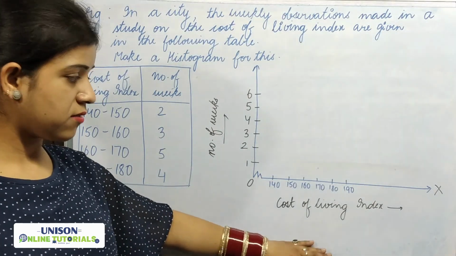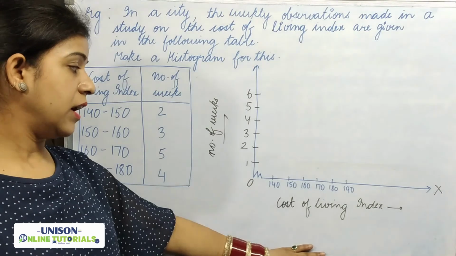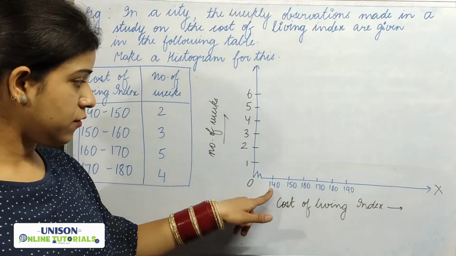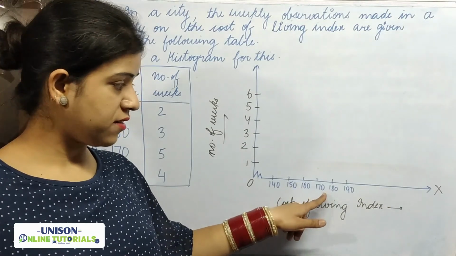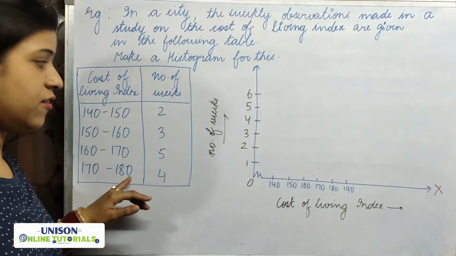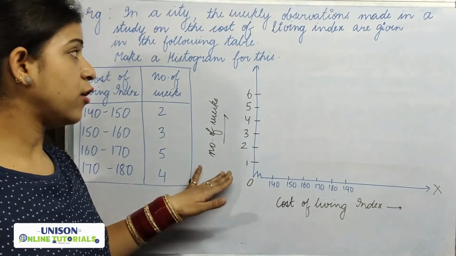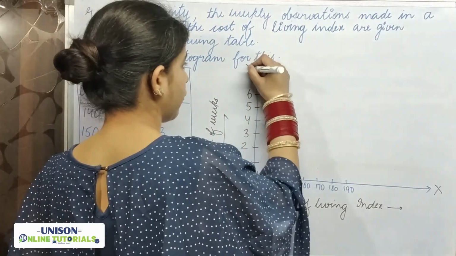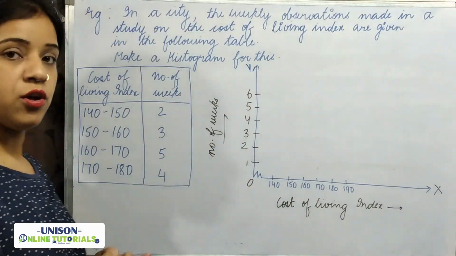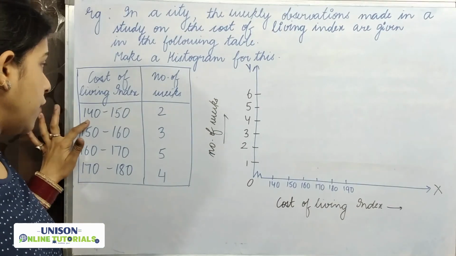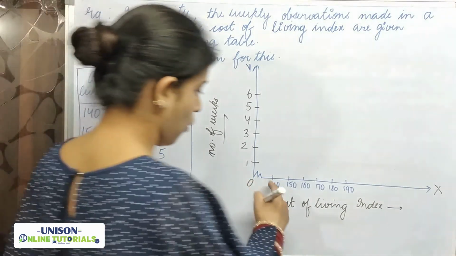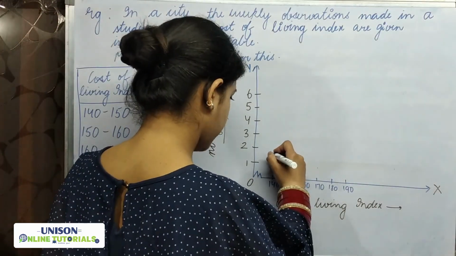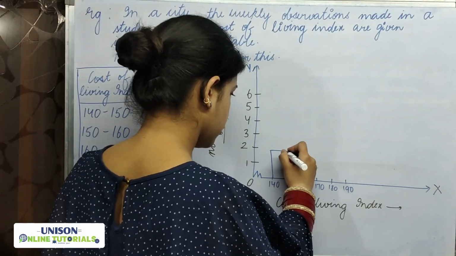So on the x-axis we have taken cost of living index with intervals 140 to 150, 150 to 160, 160 to 170, and last one 170 to 180. And on the y-axis we have taken number of weeks. So 140 to 150, number of weeks is 2.